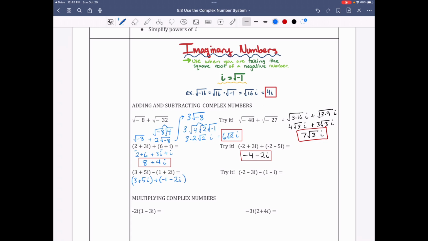All right, so 3 minus 1 is 2, and 5i minus 2i is positive 3i. Go ahead and do the try-its in your groups, and you can check your answer.